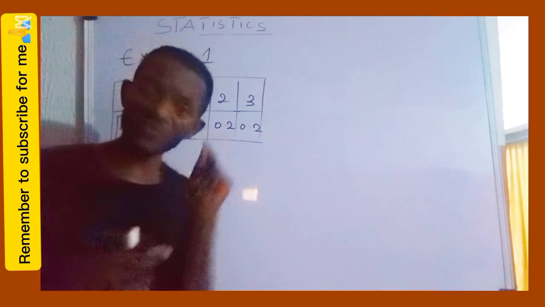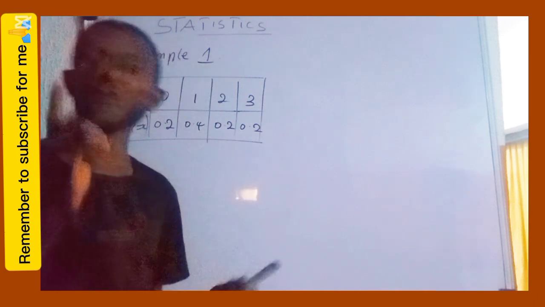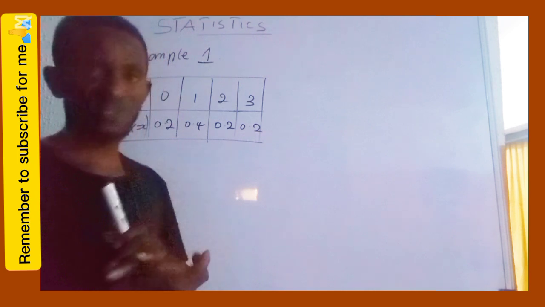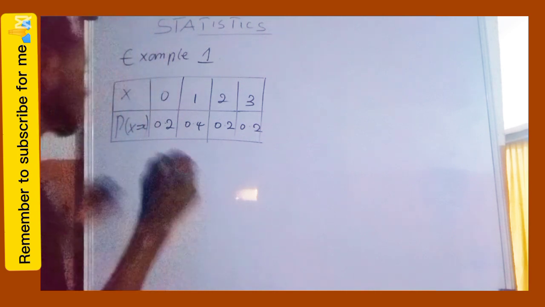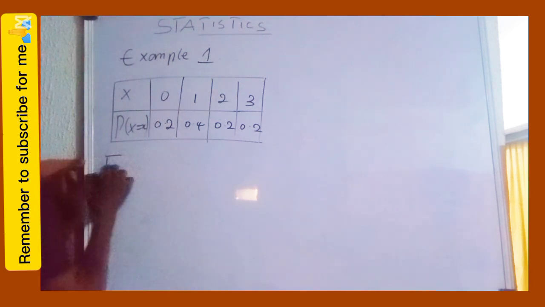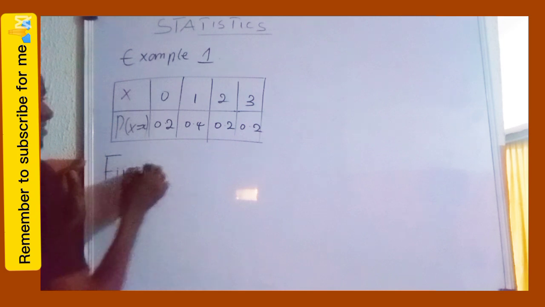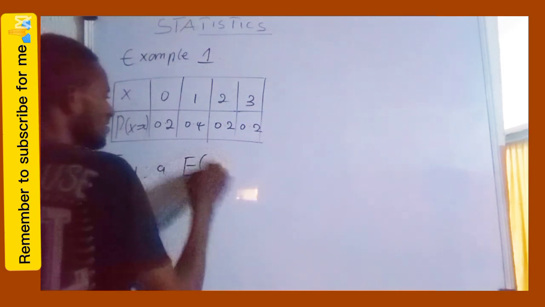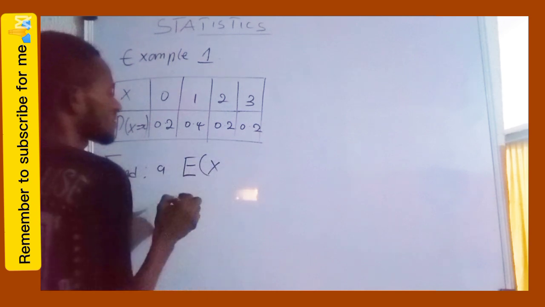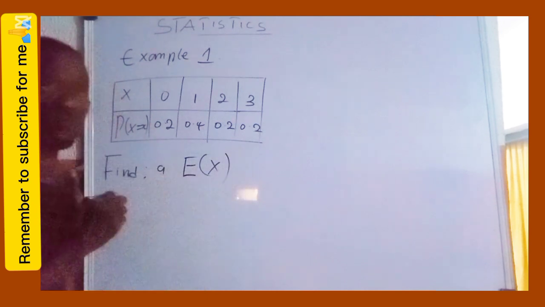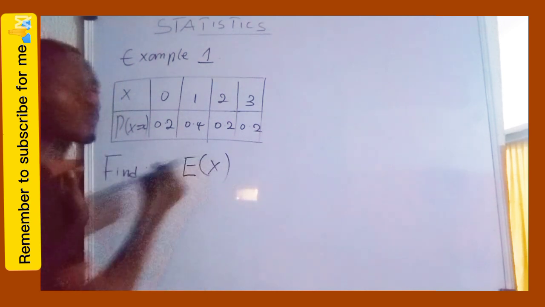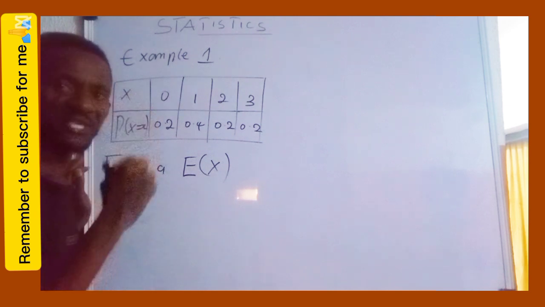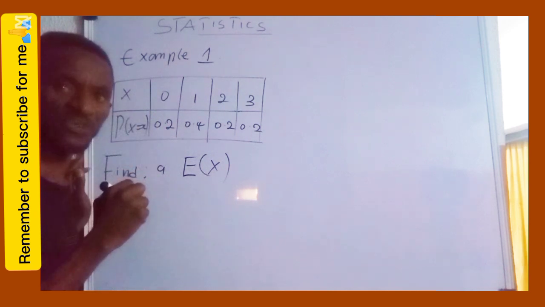So the first question here is for us to find the first theoretical moment about 0. So the question says find A. That A says E of x, which is what we showed earlier to be the first theoretical moment about the origin.